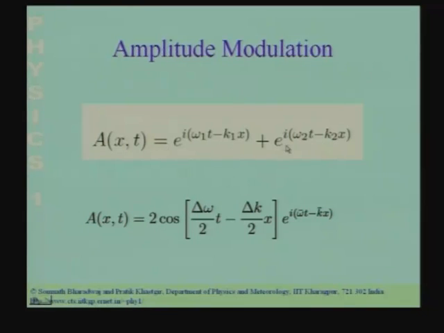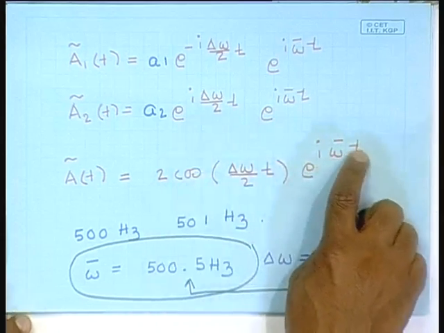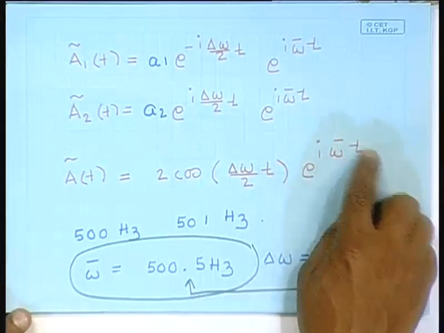If you superpose these, when we looked at it as a function of time alone, we had got this cosine times e to the power i omega bar t, with the average angular frequency.